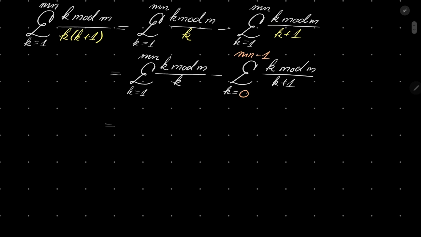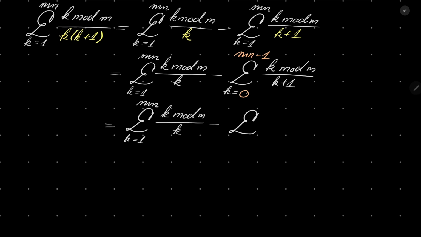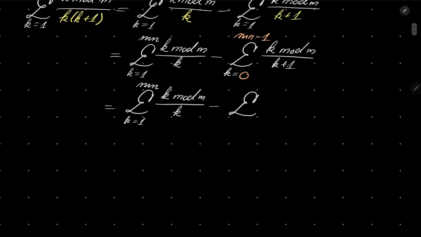And now, the first sum will stay as it is. But for the second sum, I wish to shift the index of summation. Instead of k, I will put k minus 1. I wish to put k minus 1.